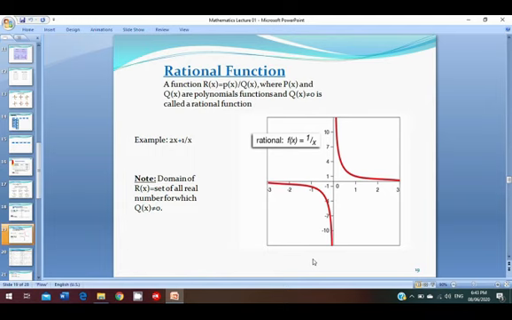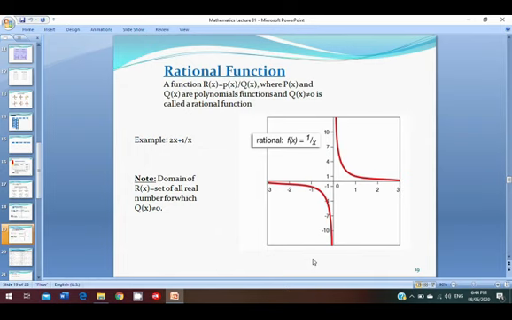Rational functions. All those functions which can be represented by a fraction of polynomials, meaning r of x is equal to p of x divided by q of x, where p of x and q of x are both polynomial functions, and with these polynomials we have one important point: q of x does not equal 0. This is called a rational function.